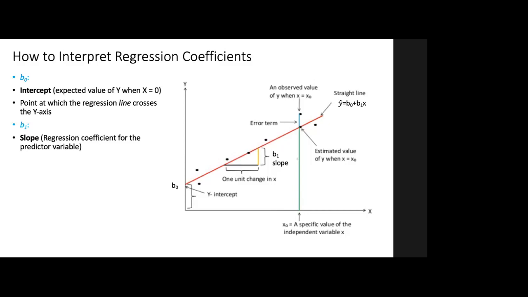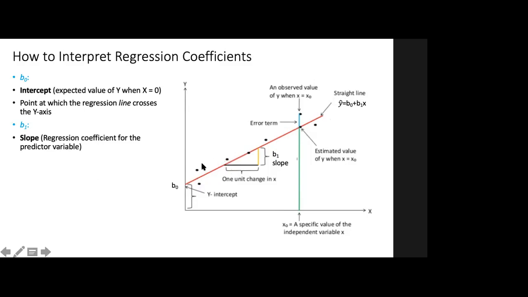So, what is the intercept? Here we have our regression line. That is our straight line, and it can be described by this equation: intercept plus the slope times x, the value of our predictor. We will talk about what this little hat here means in a second. And then here are these black circles.